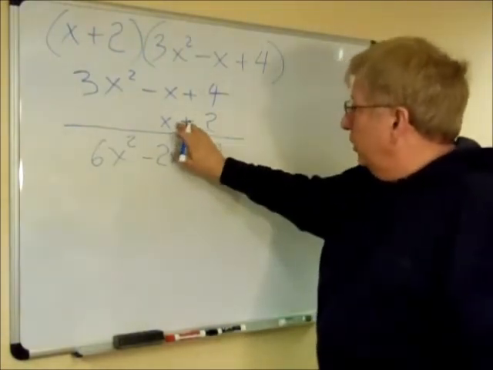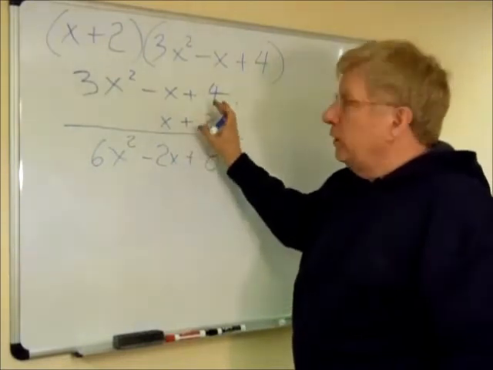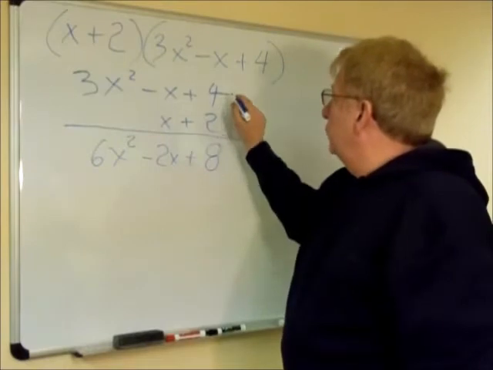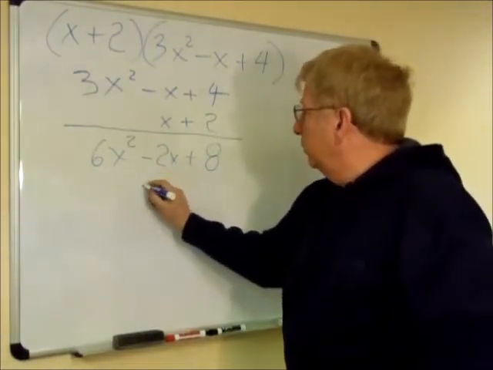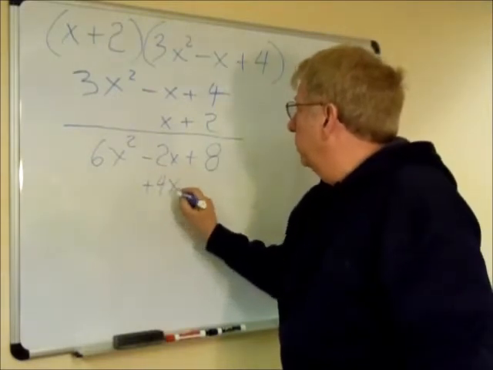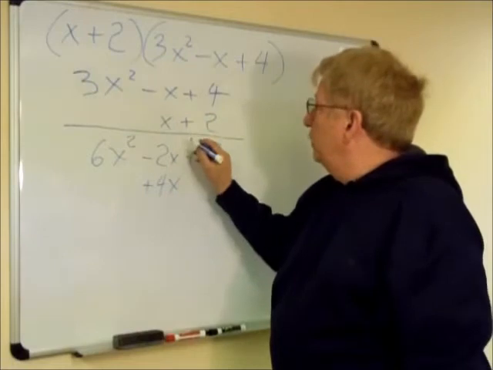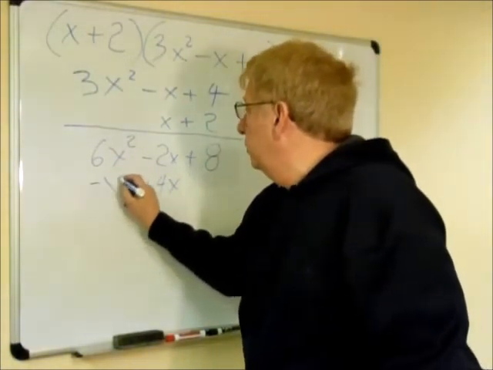The next thing we do is take this other term, x times each term. It's important that we line them up correctly with this first line. So we take x times 4, which is 4x, and we'll line it up with the like term here. Then x times minus x gives us minus x squared, and we'll line it up with a similar term.